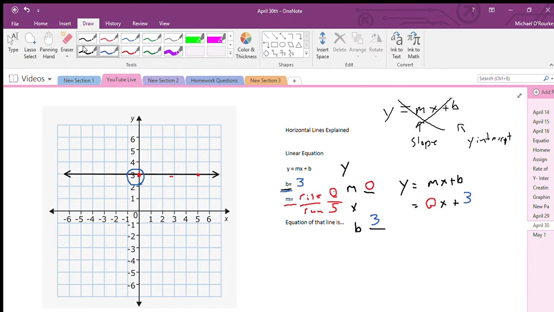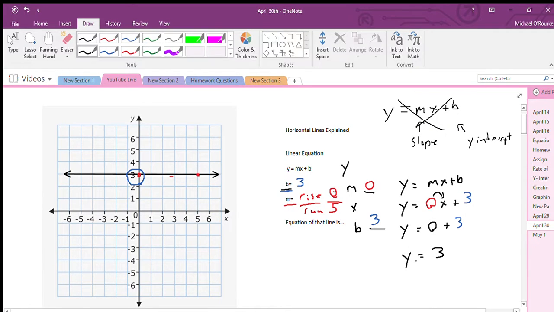Now, you know that anything times 0 is going to equal 0. So that's going to equal 0 plus 3, which is then just going to equal, our last line here is just going to be y equals 3. So that's actually our equation for this line. The equation for that line is y equals 3.